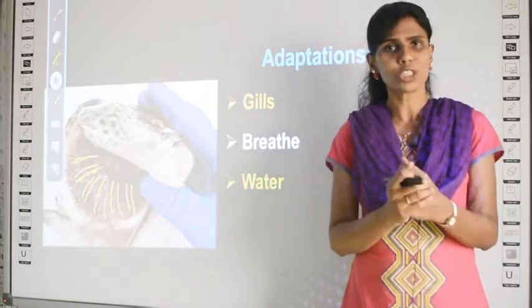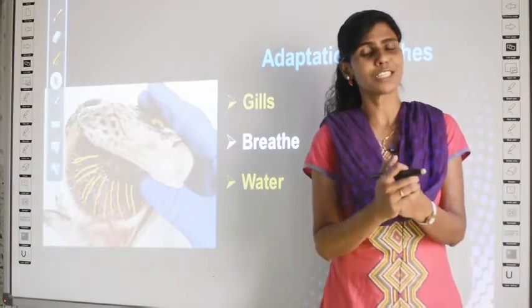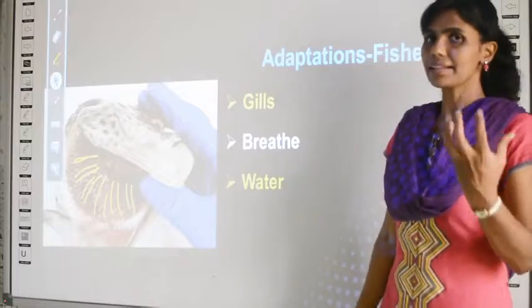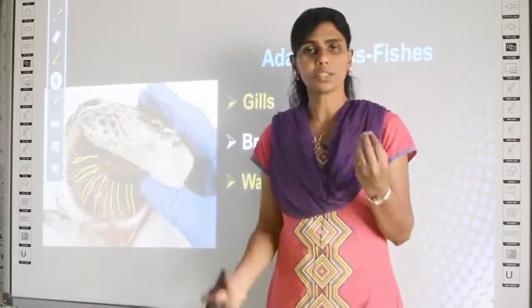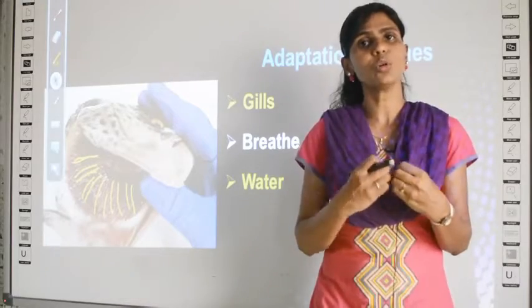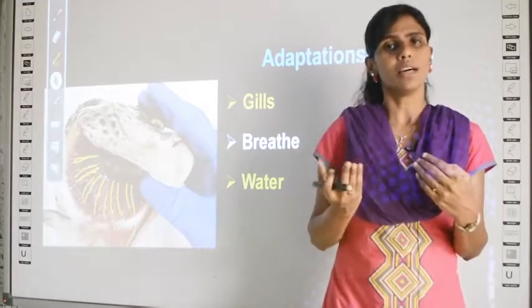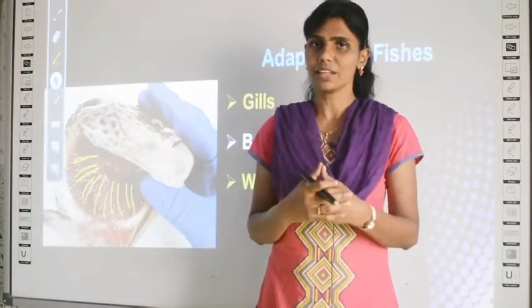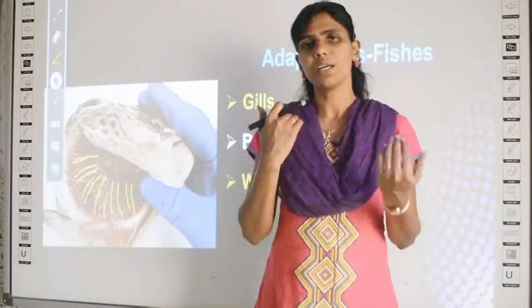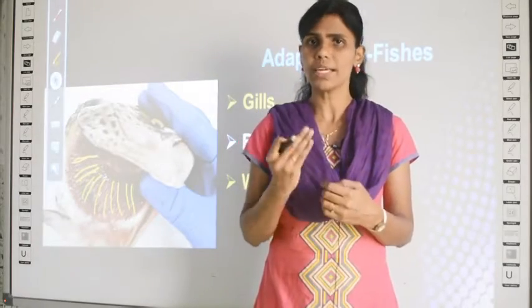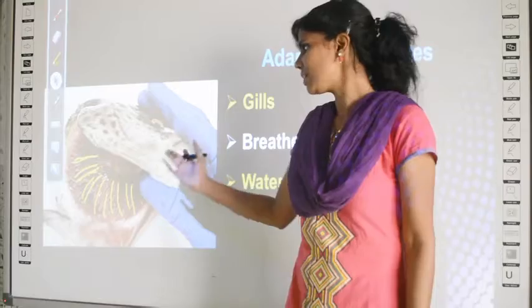So how do fishes breathe? Fishes breathe through the gills in the water, and that is why they can live in the water. Our respiratory system doesn't support us to live inside the water. If you stay for some time in the water, you cannot control your breath longer, no, you will take in water and we die, and other animals or human beings, no, we die because we do not have this special feature.